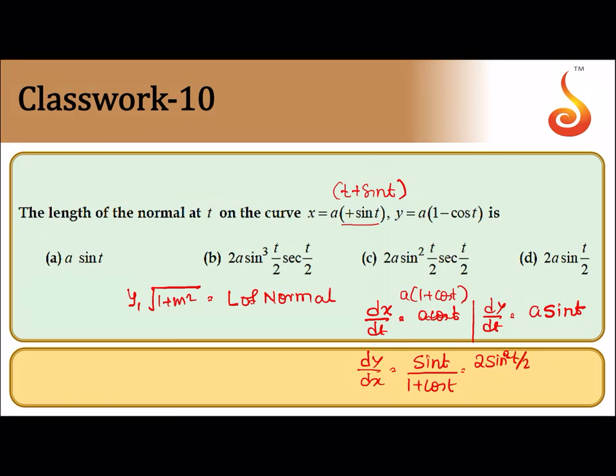So this becomes dx by dt will give me a into (1 plus cos t). So this becomes sin t divided by (1 plus cos t). This will give you 2 sin t by 2 cos t by 2 divided by 2 cos square t by 2.